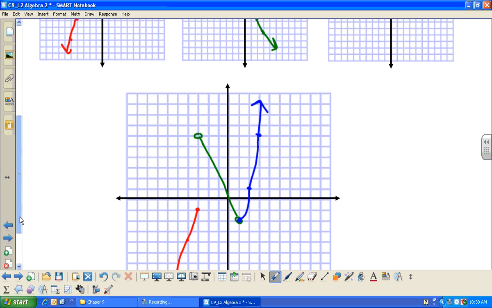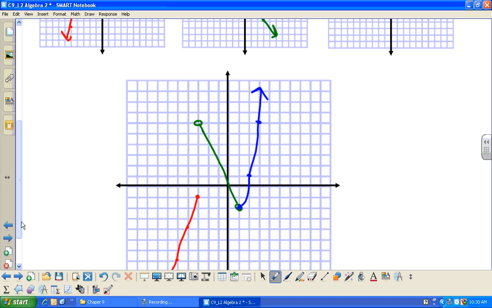So if you notice that at the point (1, negative 2), it is a closed circle. It's not a closed circle because of the green graph. It is a closed circle because of the blue graph. So if for some reason the blue graph wouldn't have ended up at the point (1, negative 2), it would not have a closed circle at that point.